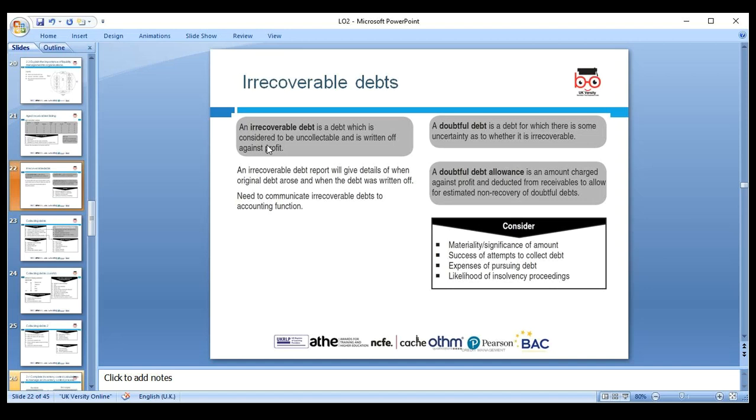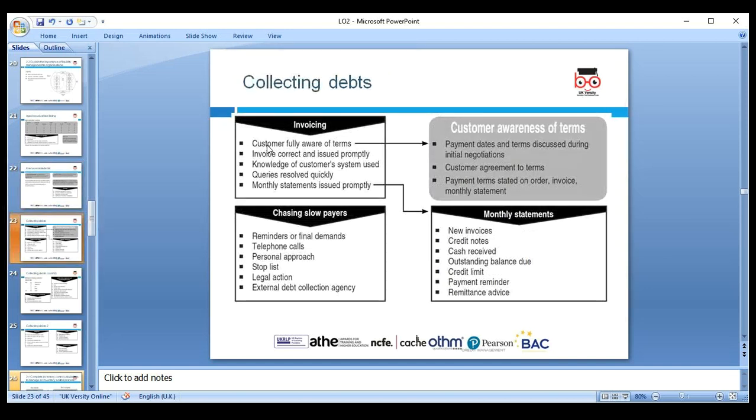So we need to make sure our irrecoverable debt is minimized or in line with the industry average. Like in an industry, 2% of people are not paying, or 2% fall behind. So we need to decide the limits based on doubtful debts. It can be what we estimate, or what we actually have. Irrecoverable means not going to recover.